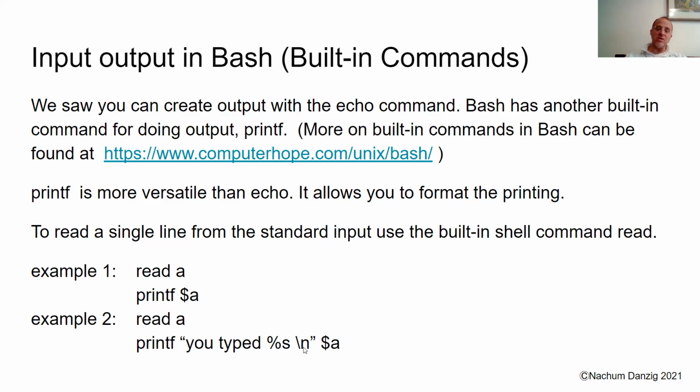And then \n means new line. So you typed, and then when I write $A here, that's the string that you typed. It's going to assign this $A to the location where the %s is.